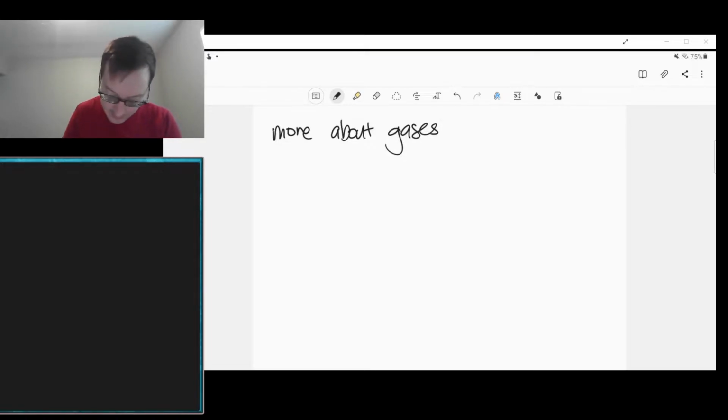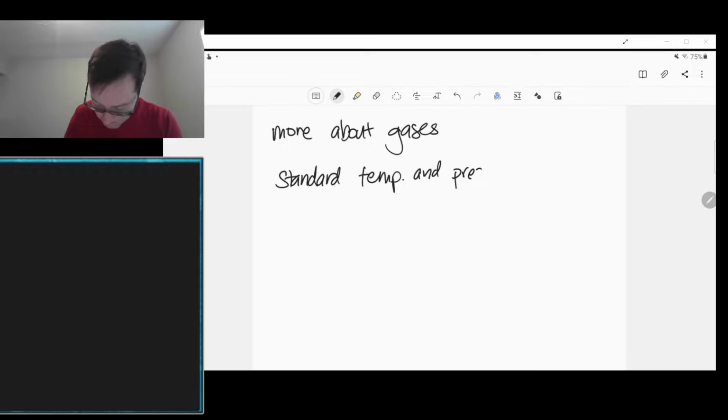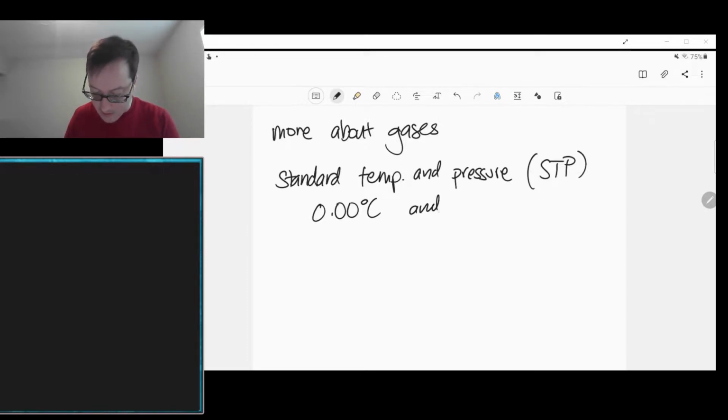We're going to see that we have something called standard temperature and pressure, or STP, which is defined as 0 degrees Celsius and 1 atmosphere.